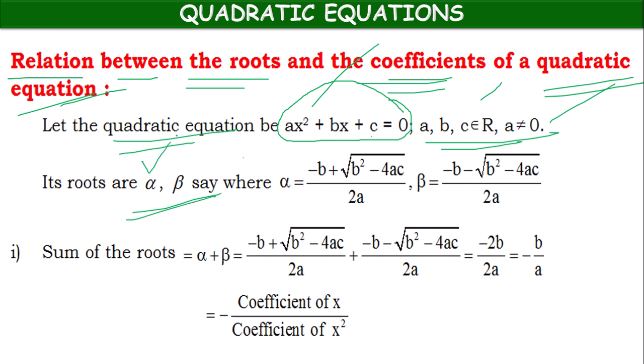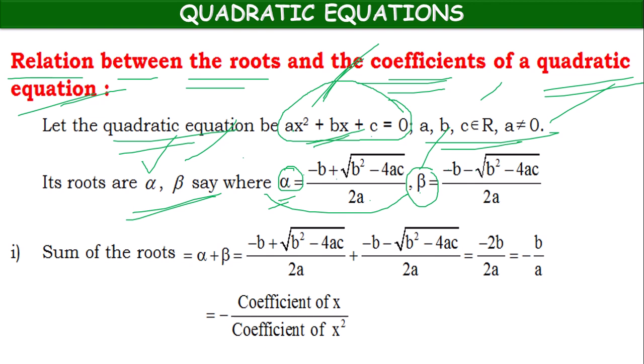If we assume them as alpha and beta, alpha is minus b plus root of b square minus 4ac, by 2a. Beta is minus b minus root of b square minus 4ac, by 2a. For every quadratic equation, we will have two roots in the form of alpha and beta.